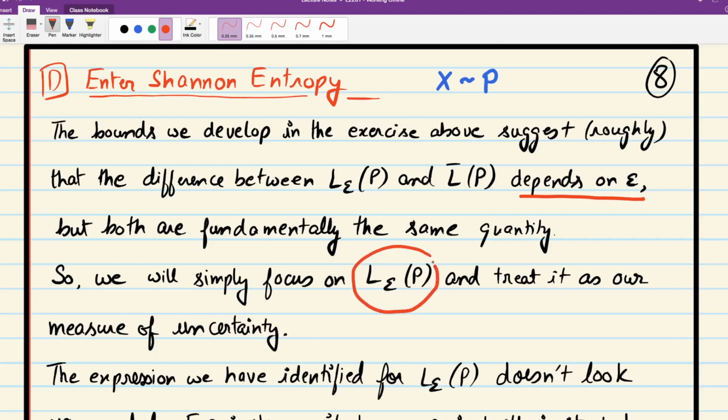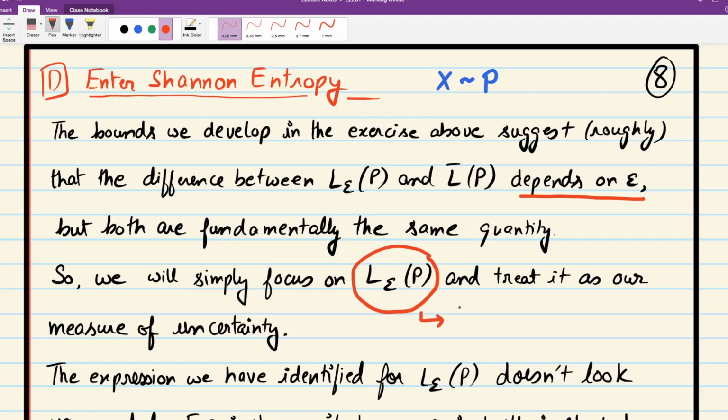We'll focus on this guy, L epsilon p, the minimum number of bits required to express a random variable so that you can correctly recover it with accuracy, in probability, at least 1 minus epsilon. And we did characterize this L epsilon p exactly.